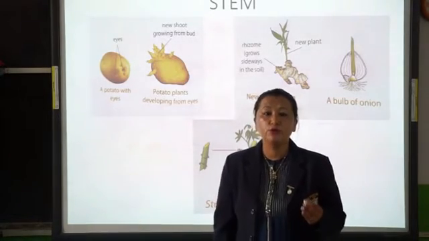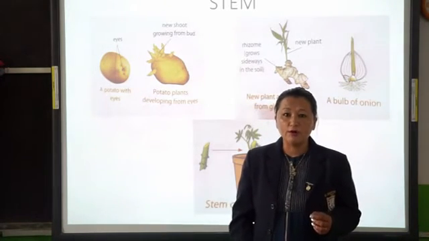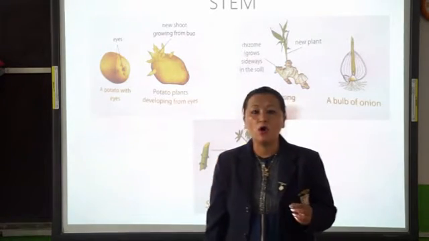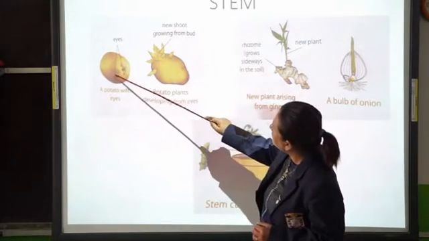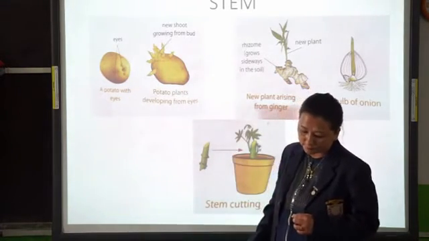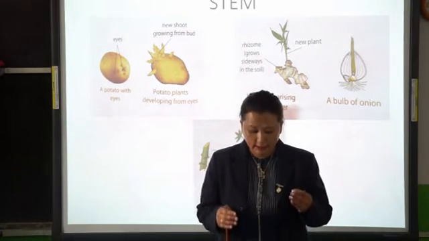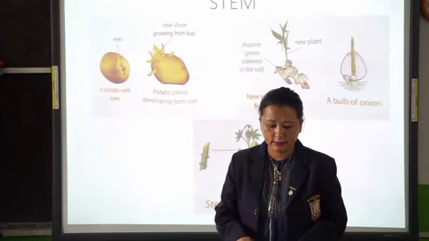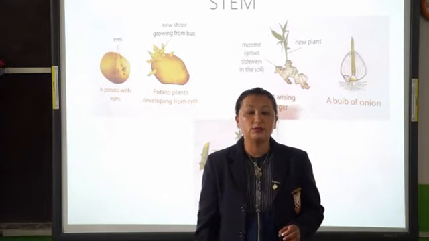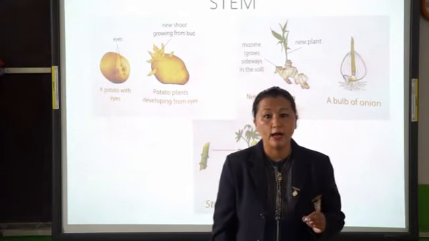Then go to the kitchen and you will observe that potatoes have several small scars on them, which are called eyes. These are the small scars. So these are called eyes. These can develop into buds and give rise to new plants. New plants grow from the buds on ginger when it is planted underground.